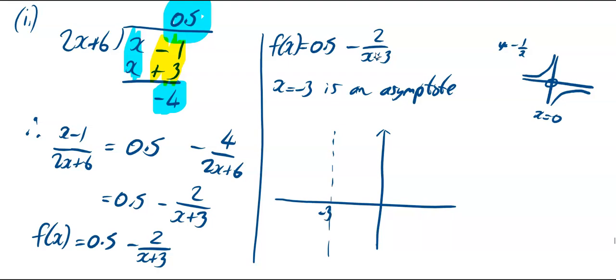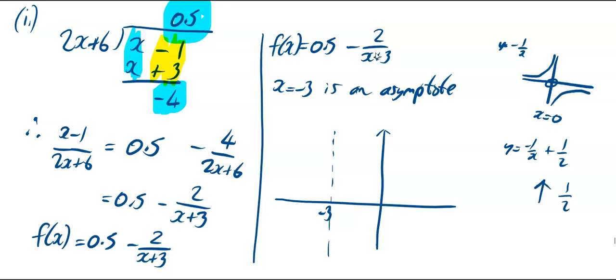We also need to figure out what this 0.5 does. So if you imagine you had this graph, y is equal to minus 1 over x, and then you added on a half, what would that do to it? What it would do is we would just shift the whole graph up by a half.